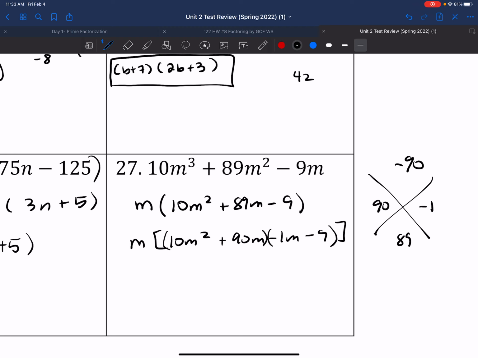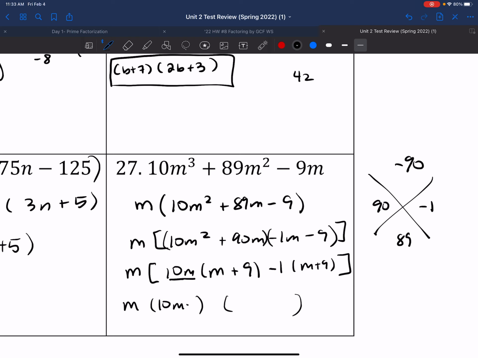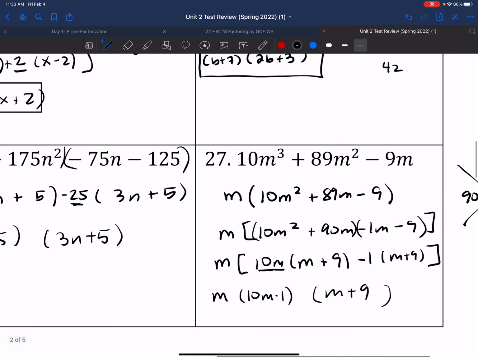So I'm left with, okay, so I put an m here, and I put 10m there, and I'm left with m plus 9, and then minus 1 goes here, and then it's going to be m plus 9 there. So then I'm just going to put 10m minus 1, m plus 9 there, okay?